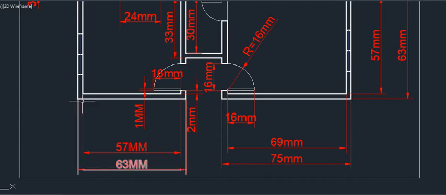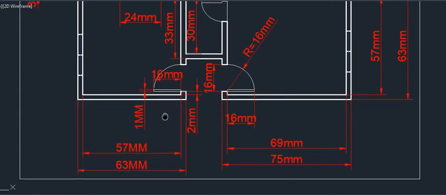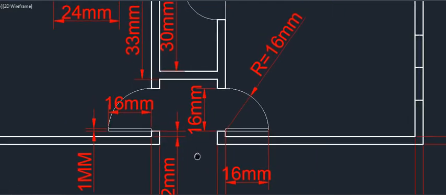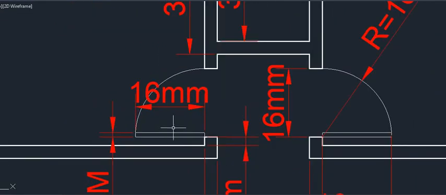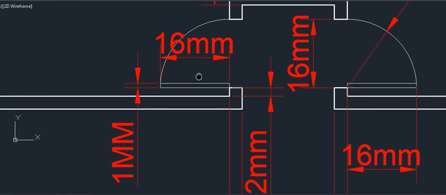Now again, the measure of the bedroom is provided here, so just follow this. Also this bedroom, this is the dimension. For the door, the thickness of the door is 1 millimeter, since we are using scale 1 is to 50.